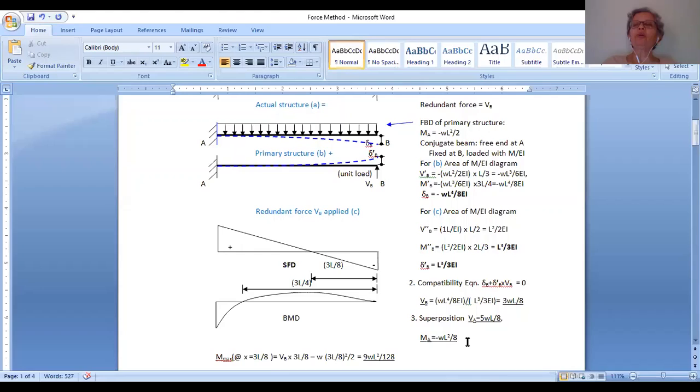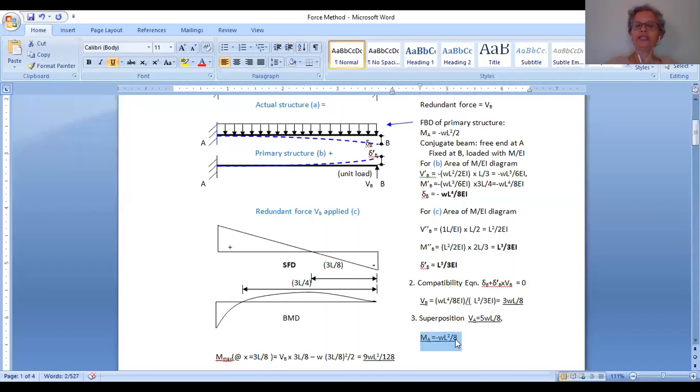Now I'll explain what is exactly meant by additional support. If you look at this particular moment diagram, what do you find? The moment at A earlier was WL squared by 2 without the prop. It has reduced to WL squared by 8.